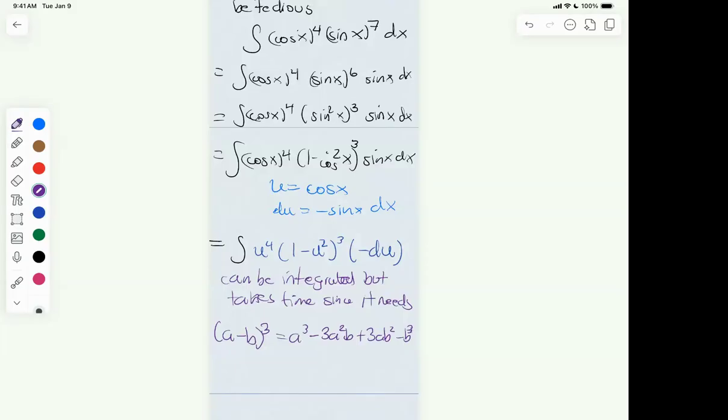Again, you don't need to memorize this one. But that's what you would need to do: take a equals 1, b equals u squared, work this out, then distribute, and then you can integrate term by term. You don't have to worry about something that long.